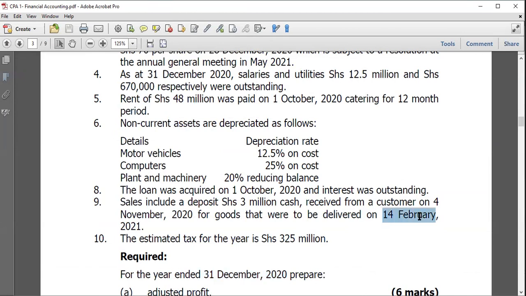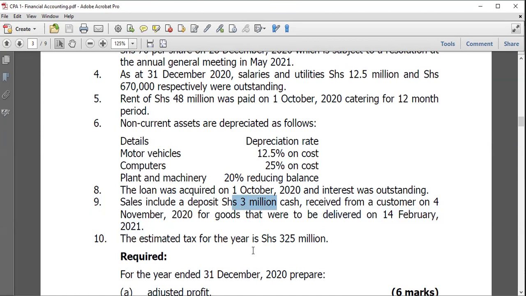So it means that the sales in regards to these goods relate to the next financial year, which is the financial year of 2021. Okay, so that is why I'm going to exclude this 3 million from my sales, because this 3 million is not valid to be part of my sales that have been recorded.